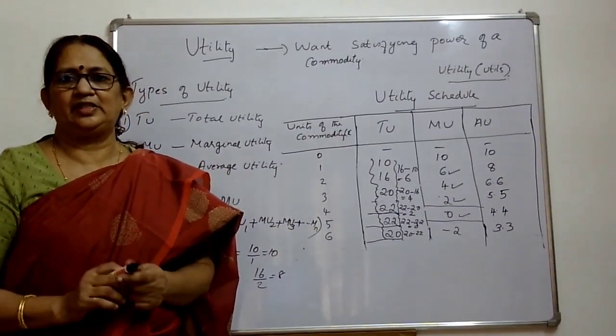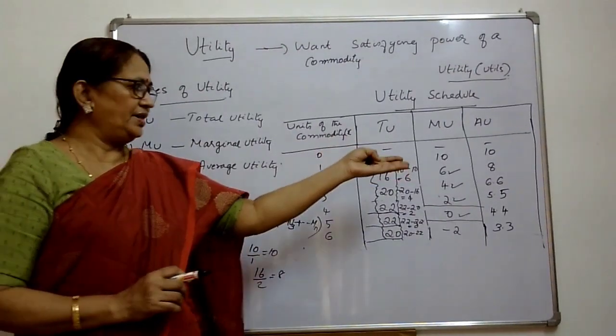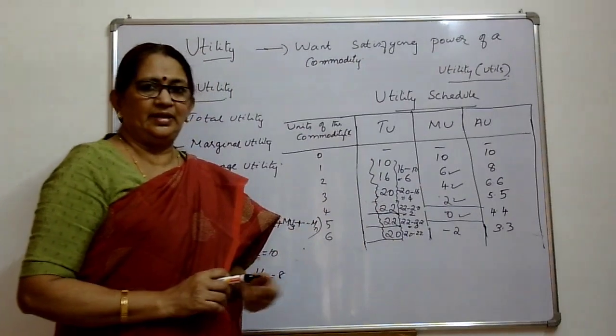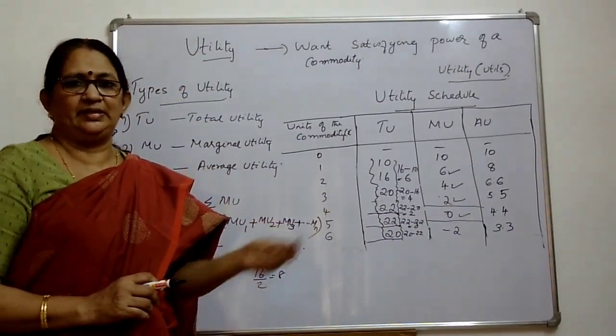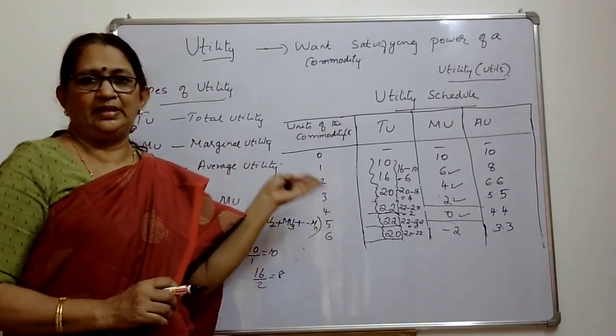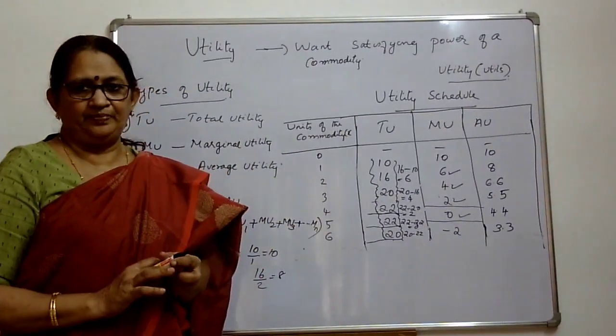So that is the relation between both. So average utility, what is its nature? Naturally there is a difference in total utility. It is reflecting on average, because total utility divided by number of units consumed is average utility.